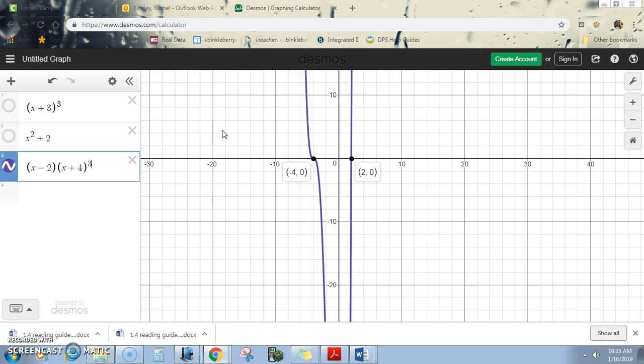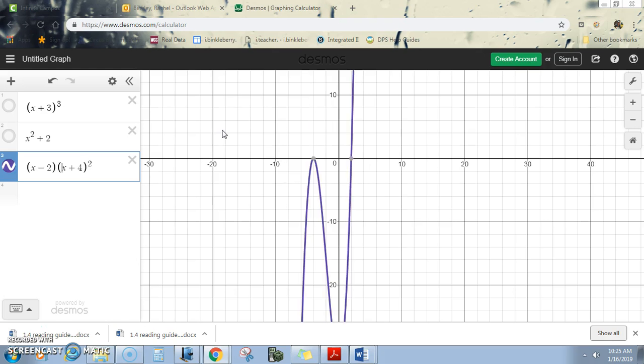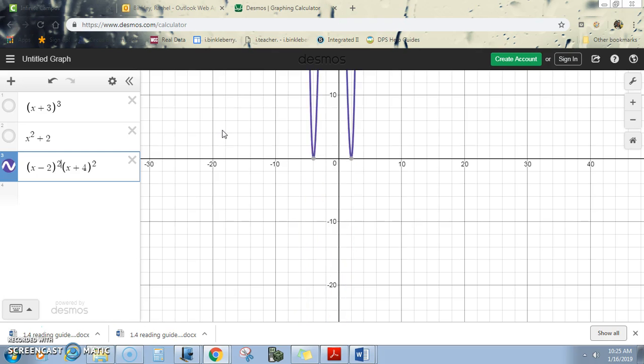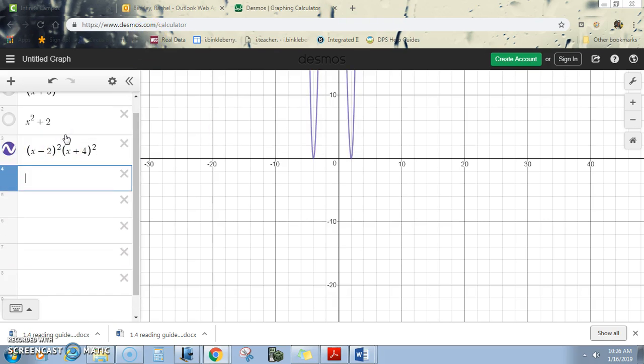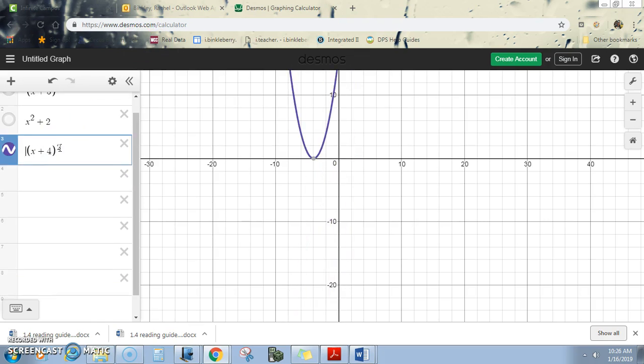Let's see, let's change this to be x plus 4 squared and x minus 2 squared. Oops, that didn't do it. Let me do one that does it. Let's just make one of these zeros to the 4th power. I bet that will do it.